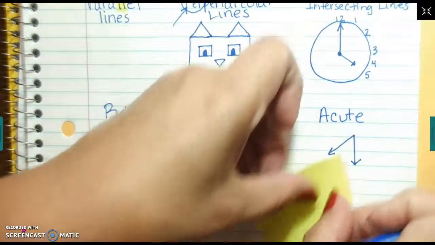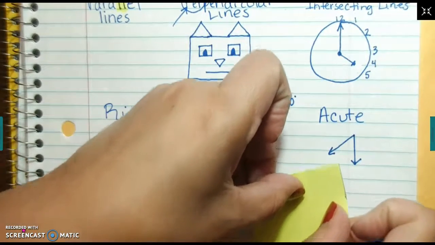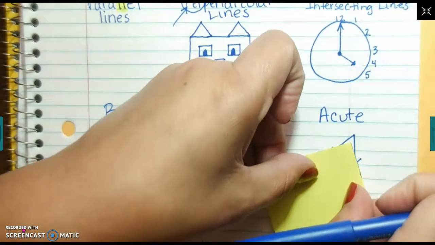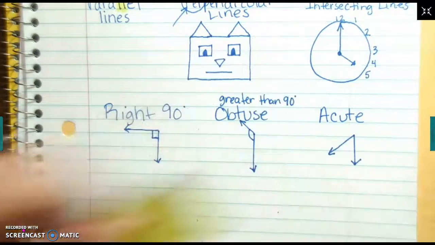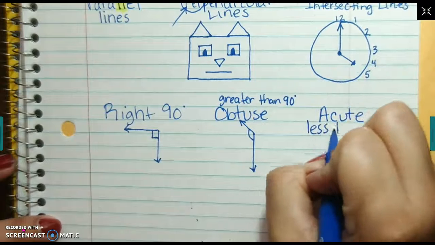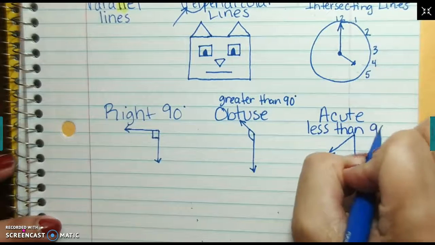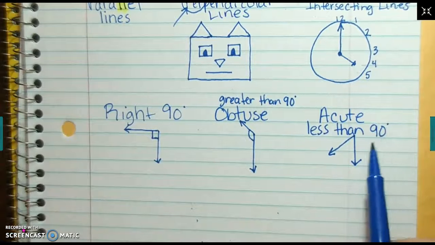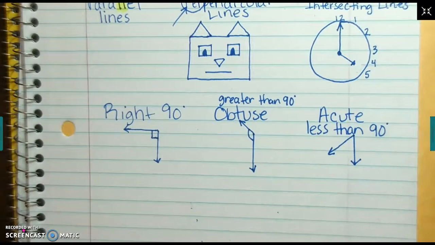So that's how you do the post-it trick. When you go in like a puzzle with this little point, and if the post-it covers it, boom, you know you have an acute angle because it is less than 90 degrees. So 89, 88, 87, 86, all of those degrees would be acute, all the way down.